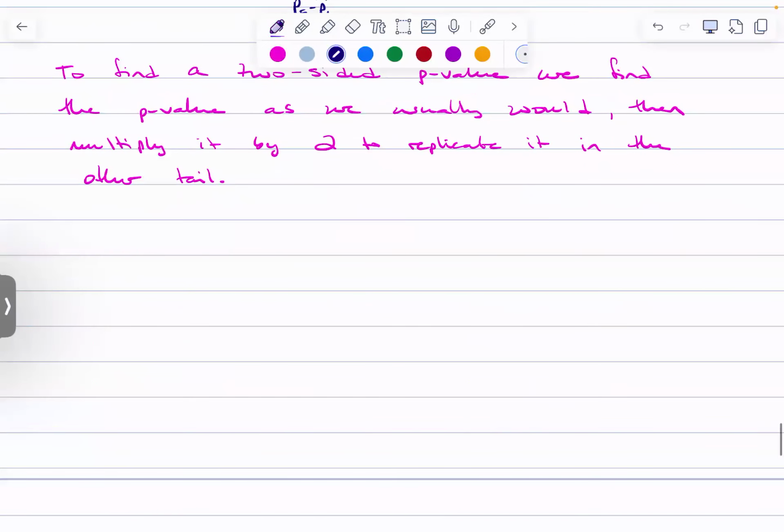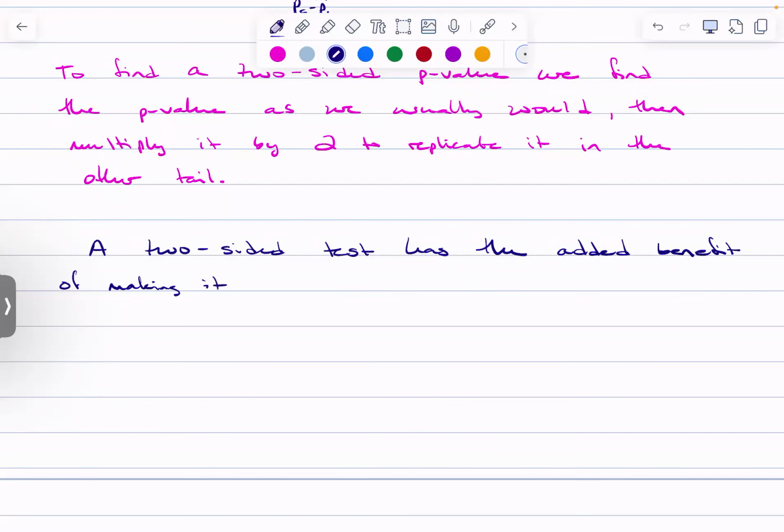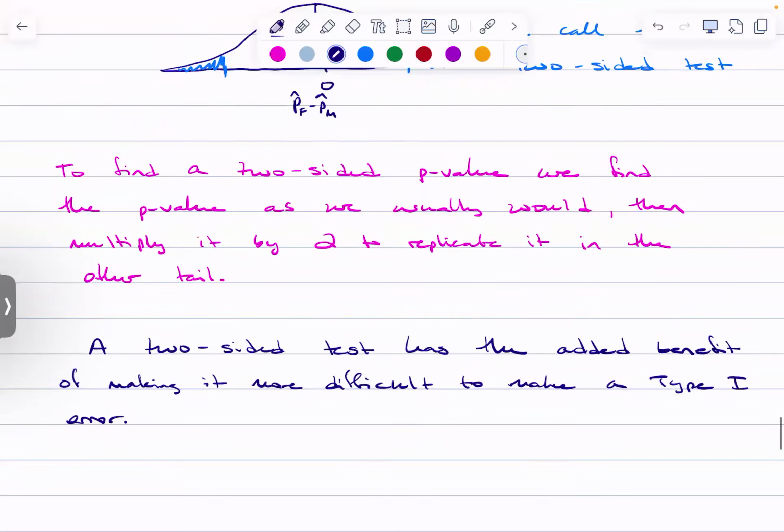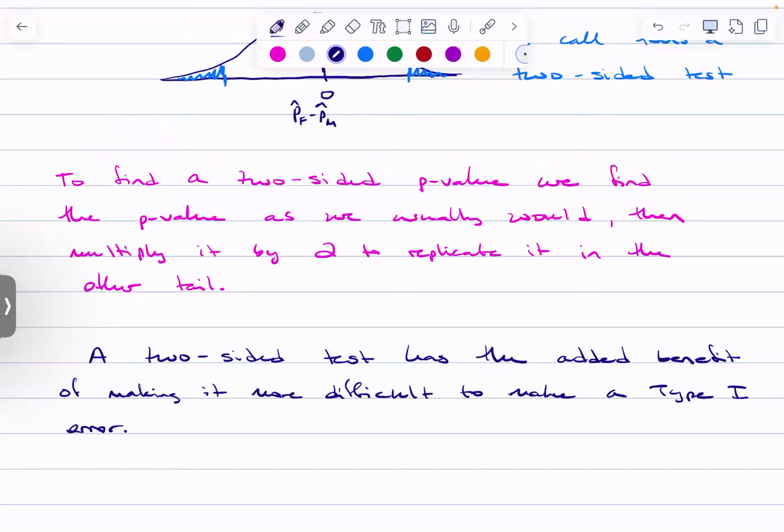A two-sided test has the added benefit of making it more difficult to make a type 1 error. Step away from the plate.